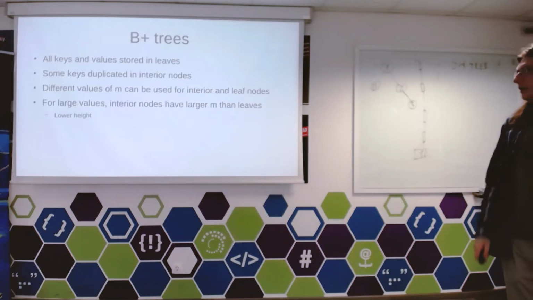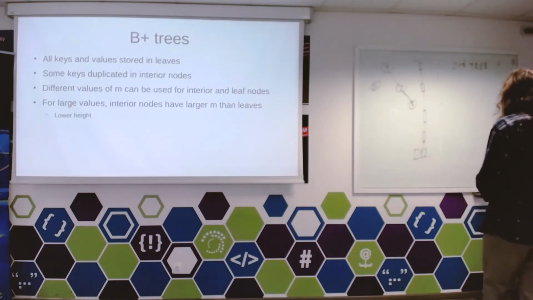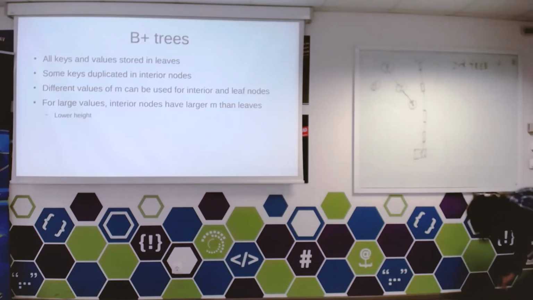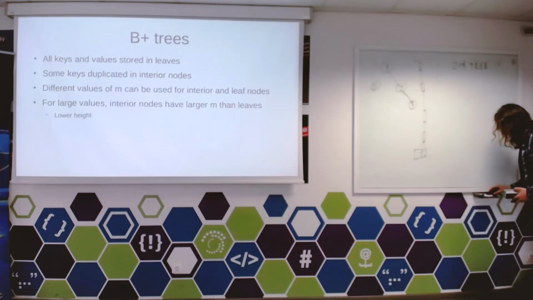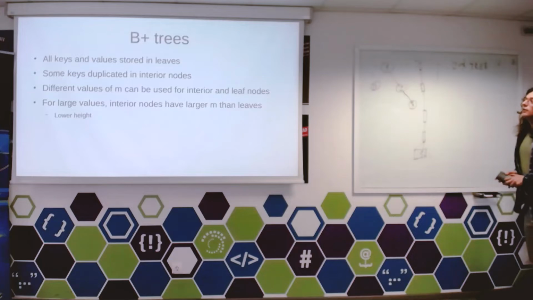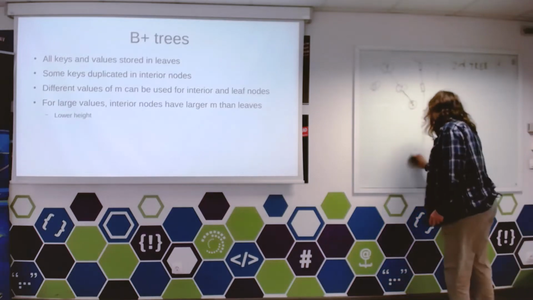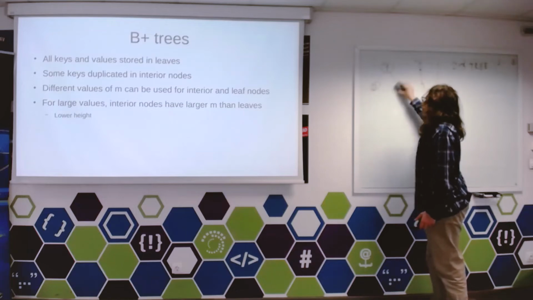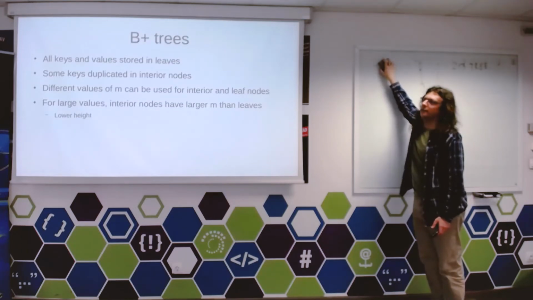Now B-plus trees are quite similar to B-trees, but they have one important difference, which is that you don't try to store values in interior nodes. Instead, all of the values and all of the keys are stored in leaves, and you have duplicate keys inside the interior nodes.